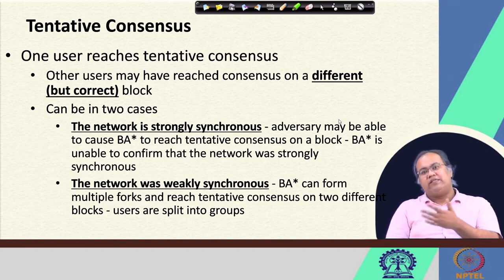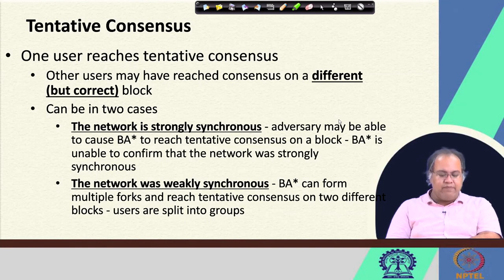But even when the network is strongly synchronous, it might happen that a single block is still in a tentative consensus, because the Byzantine agreement protocol running at the back end is unable to confirm that the network was strongly synchronous at that point of time.